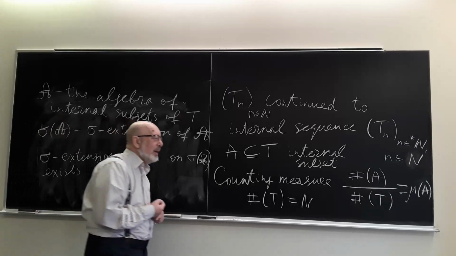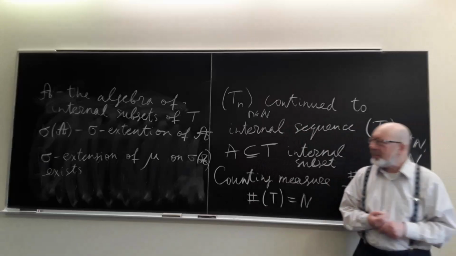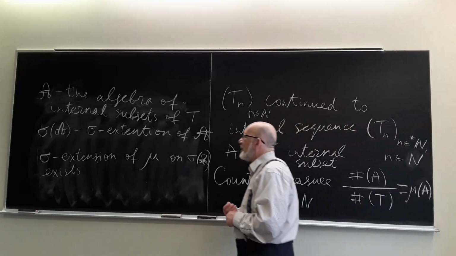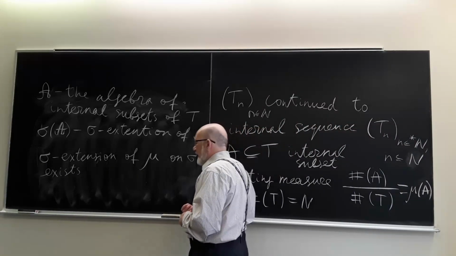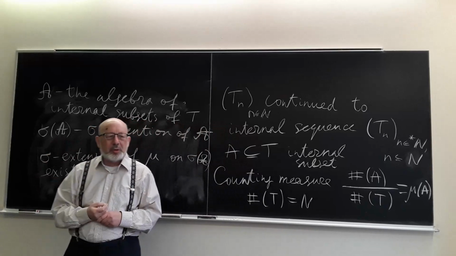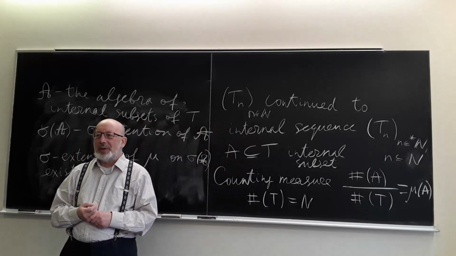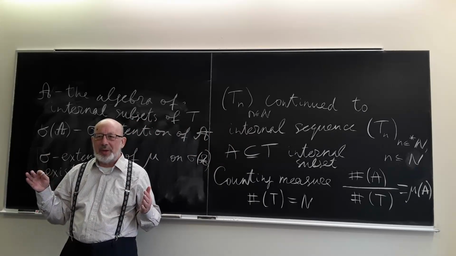And here we have a happy situation that it holds, because no element of algebra A is a sigma union of other elements of algebra A. It can be at most a union of a finite number of such elements.